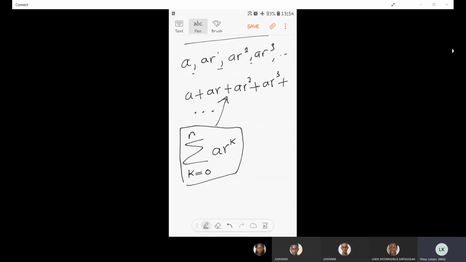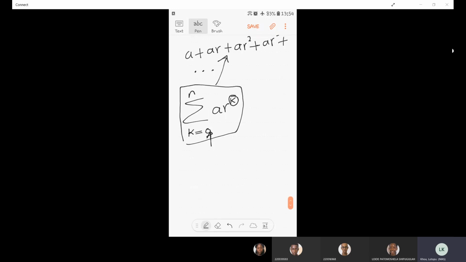So what you do is this k, you will start by making it 0, then you add it to when you make k 1, then you add it to when you make k 2. So if I give you this, to rewrite it the longer way, you would just say a r to the power of 0. This is my starting point, and then this is my end point.